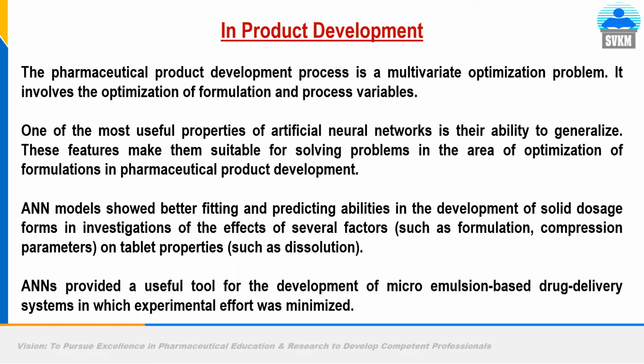One of the most useful properties of artificial neural networks is their ability to generalize. These features make them suitable for solving problems in the area of optimization of formulations in pharmaceutical product development.